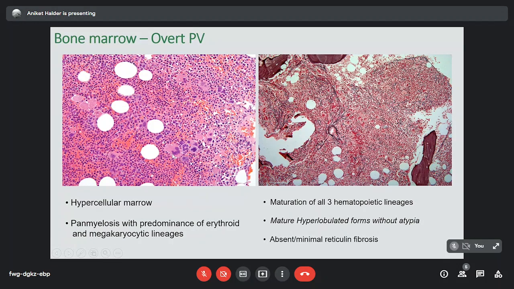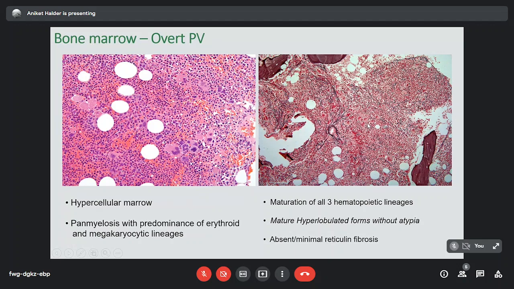These megakaryocytes will be mature hyperlobulated forms, and there will be pleomorphism. In this case, pleomorphism refers to the difference in size of the megakaryocytes rather than any atypia. And if we do a reticulin stain, we can find minimal reticulin fibrosis. Reticulin fibrosis is usually of grade 1 in polycythemia vera, and we can also see the mature hyperlobulated megakaryocytes without any atypia.